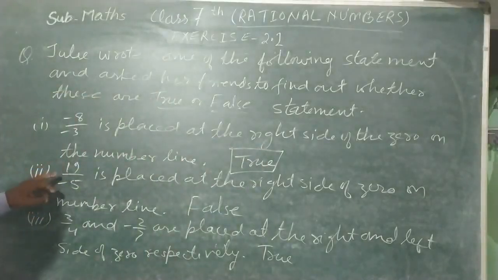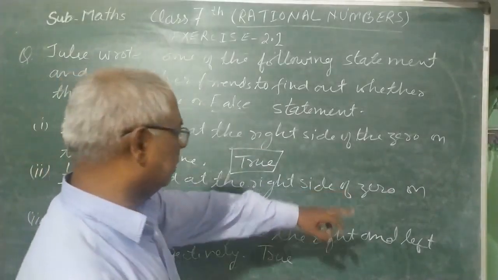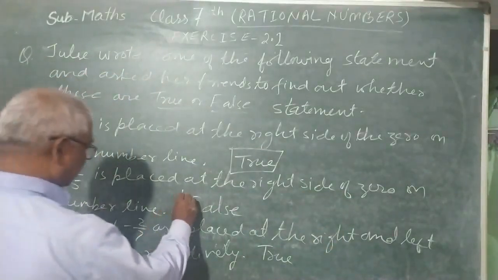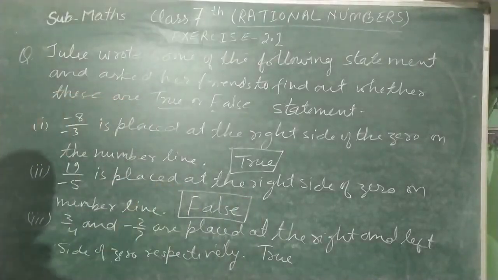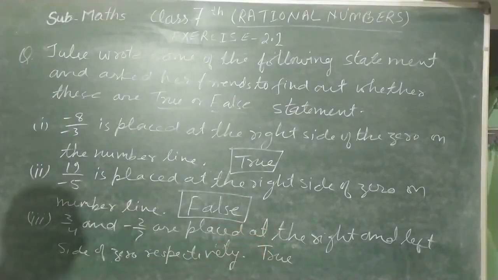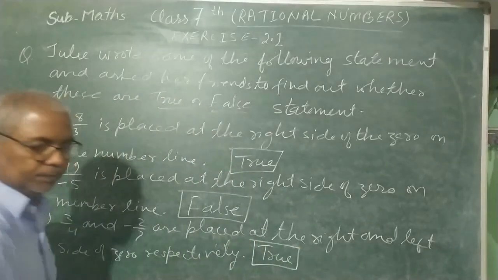Second one, 19/-5 is placed at the right side of the 0 on the number line. It is false. So you can write false. Now third one, 3/4 and minus 2/7 are placed at the right and left side of 0 respectively. It is true. So you can write true.